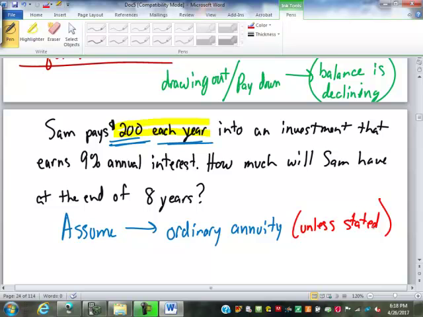Just like with simple interest, you always assume ordinary interest unless it is stated as exact. This is ordinary annuity unless stated as annuity due.